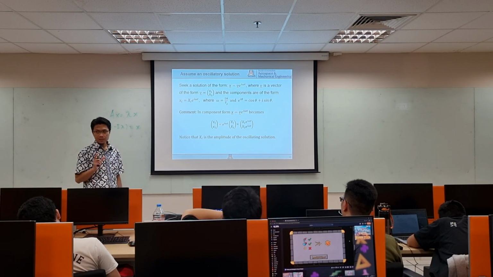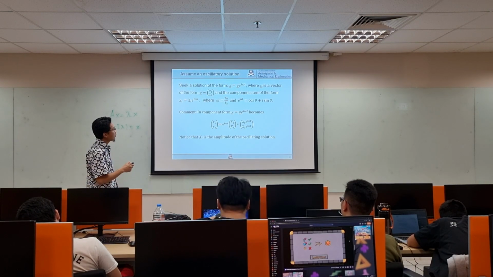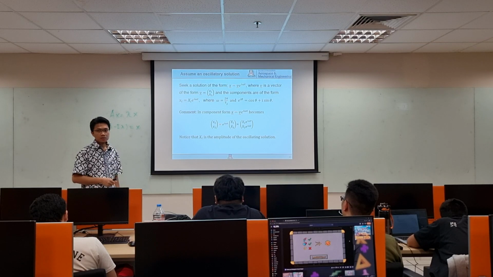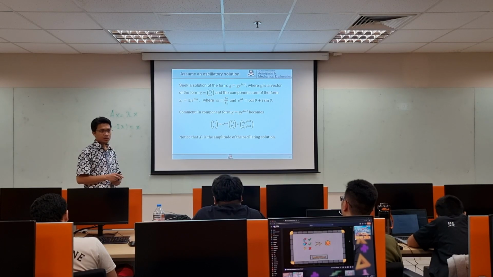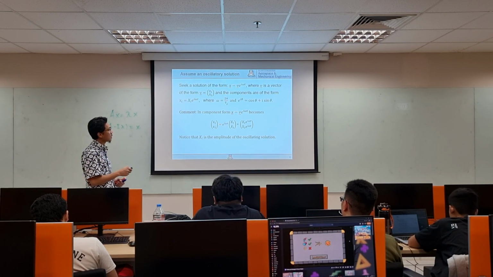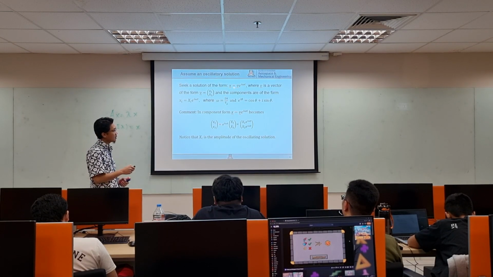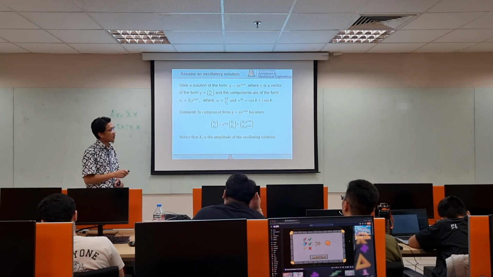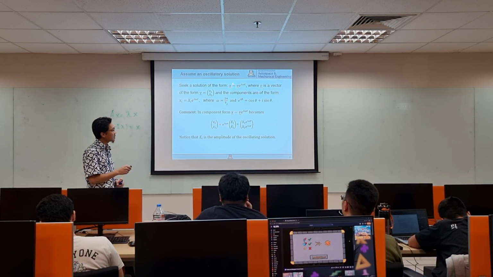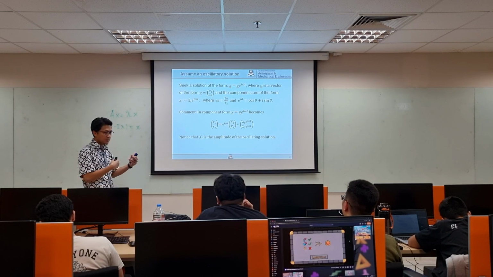So let us remove the double dot. To remove the double dot term, we have to make an assumption on the solution. We assume that the solution to the system will be in the form of this: x equal to v times e to the power of i omega t. v is a vector, x is the displacement.